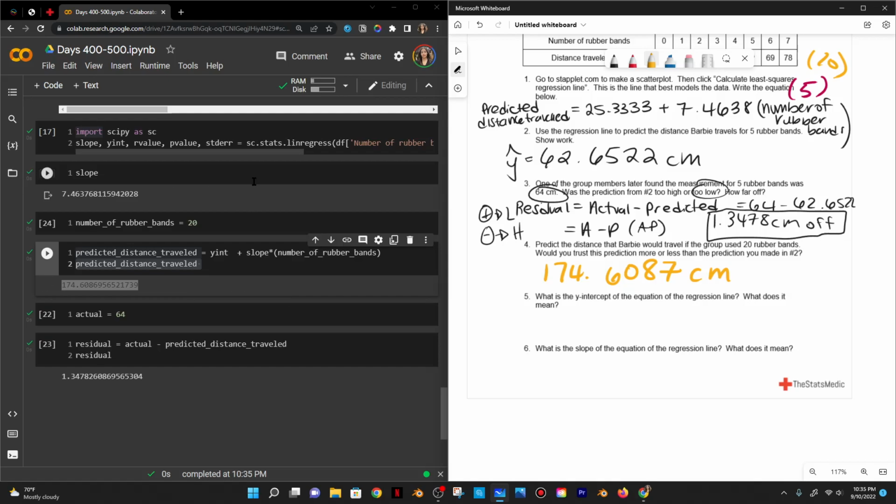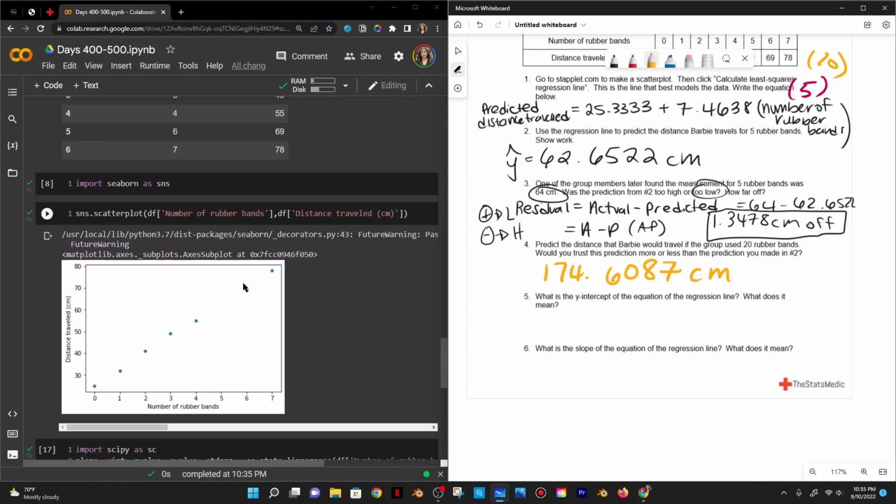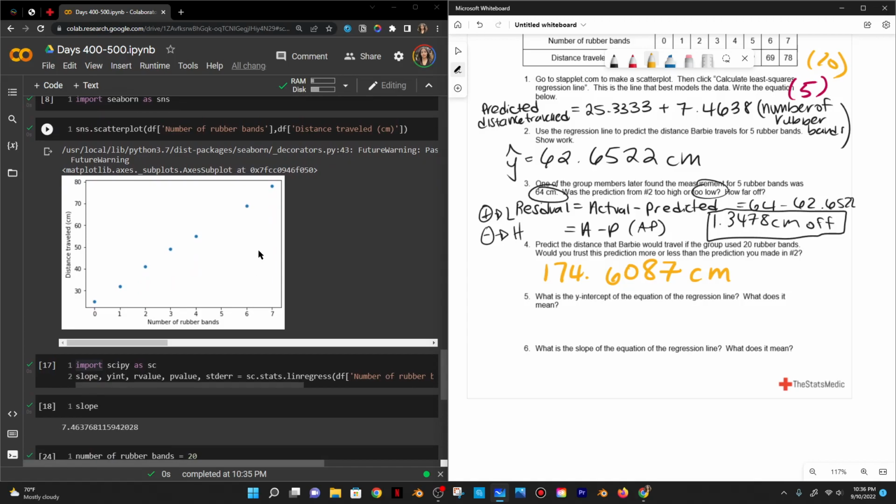And now it's asking, would you trust this prediction more or less than the prediction you made in number 2? Well, let's think about it. If we look at the data we are given, it's really only from about 0 to 10, right?